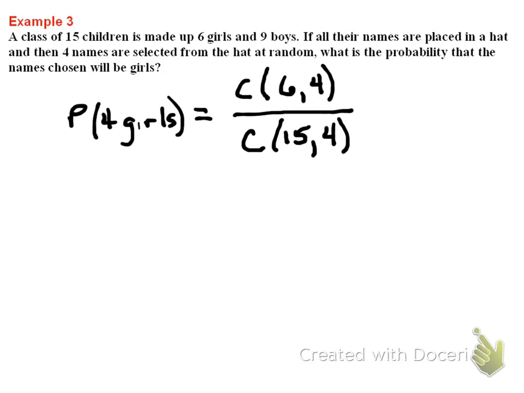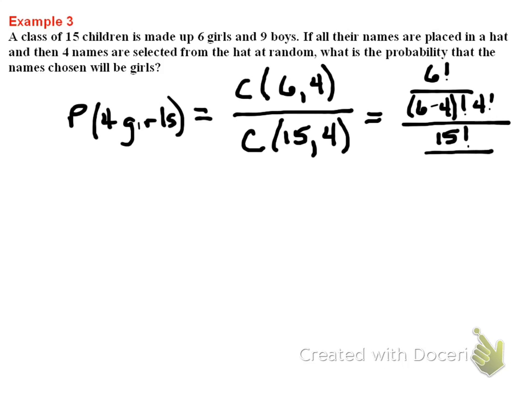So now you need to go back to your combinations formula, and this will come out to 6 factorial over 6 minus 4 factorial times 4 factorial, that's the combination of 6, 4 for n and r, and then on the bottom we're going to have 15 factorial over 15 minus 4 factorial times 4 factorial.